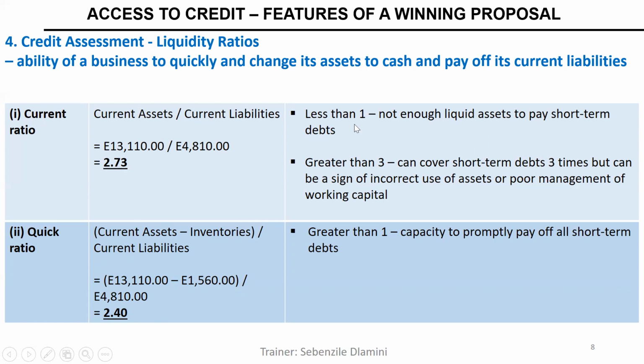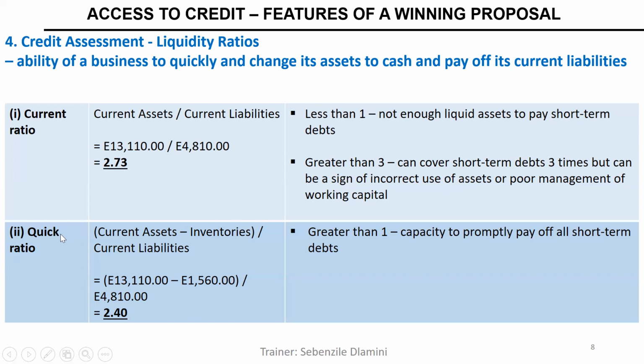When the ratio is less than 1, it means that the business does not have enough liquid assets to pay off short-term debts. When the ratio is greater than 3, it means that the business can cover short-term debts 3 times. But this can also be a sign of incorrect use of assets or poor management of working capital.